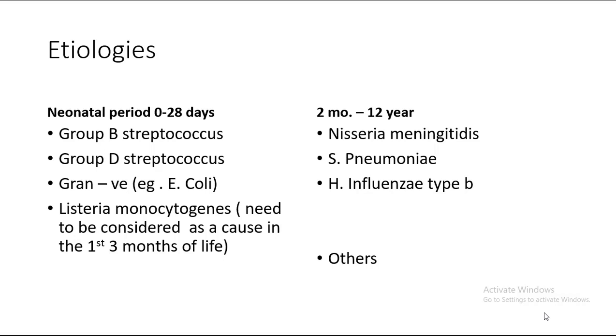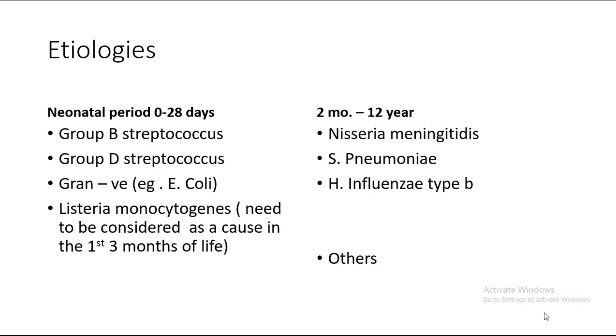Listeria monocytogenes needs to be considered as a cause in the first 3 months of life, but Group B, Group D, and gram-negative bacilli are usually considered in the first month of life, in the first 28 days.